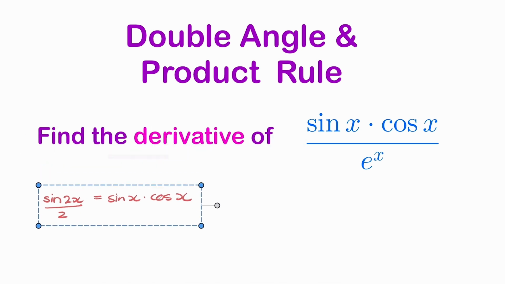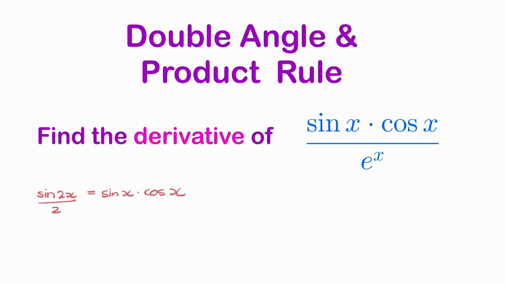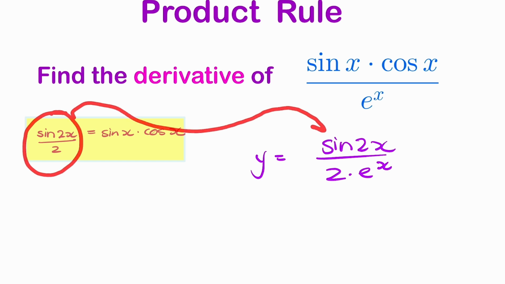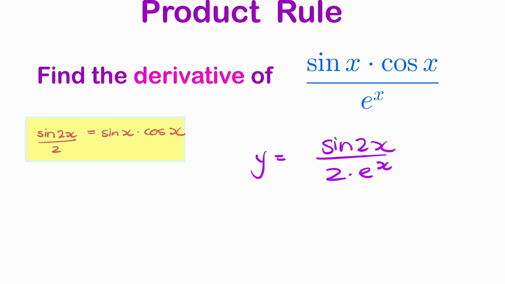So if we leave that aside, let's put that in a box. I can now write my expression, let's call it y, as sine 2x divided by 2 e to the x. So that there is my numerator, and that is in my denominator.